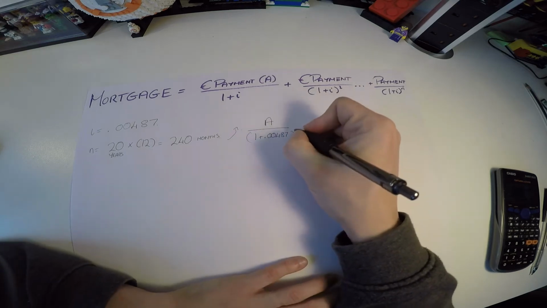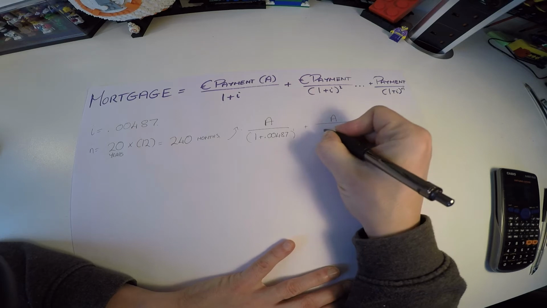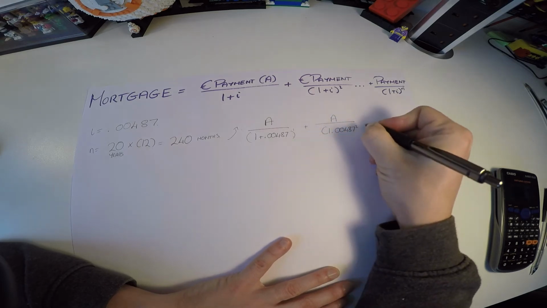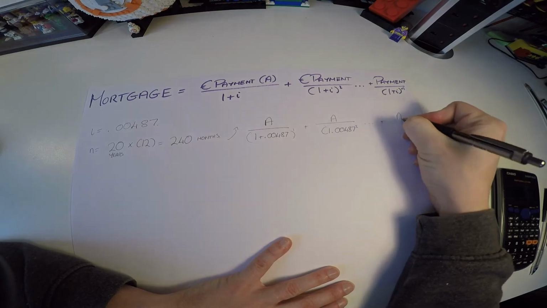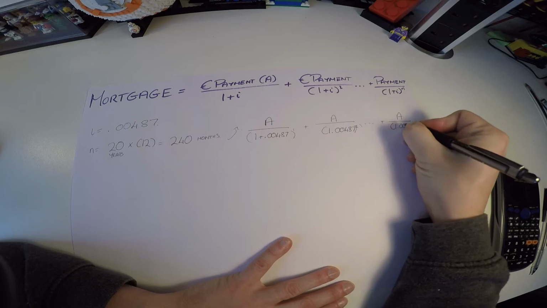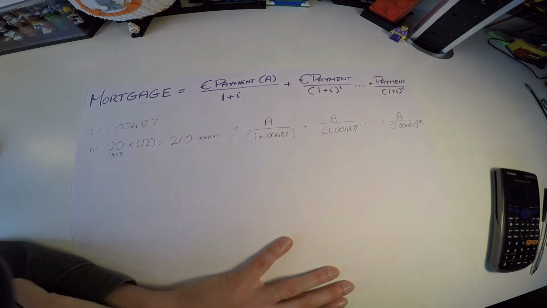So the first one would look like this to the 1, and then the next one will be the same payment A again, over 1.00487 this time to the 2, all the way up to the very last one, which would be A over 1.00487 to the 240. Right?